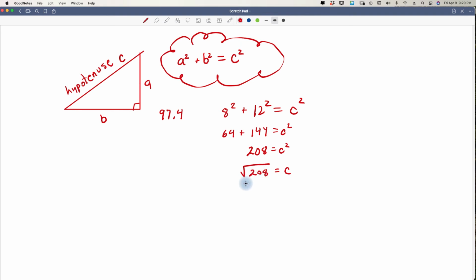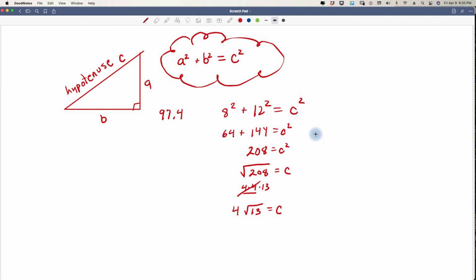If we factor 208, we get that 4 times 4 times 13 is equal to 208. And we have a pair of 4s, so we can pull them out and say 4 times the square root of 13, and that equals c. And sometimes that is what your hypotenuse is going to look like. And that's okay. It's perfectly fine.